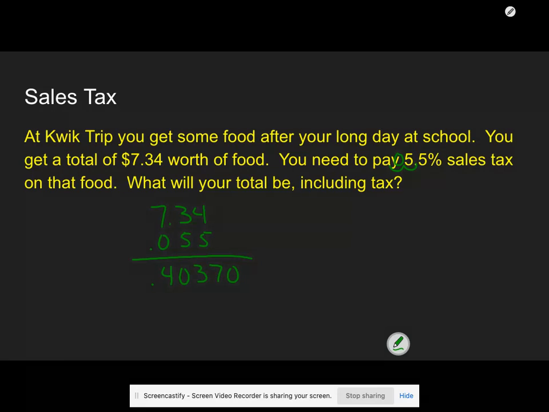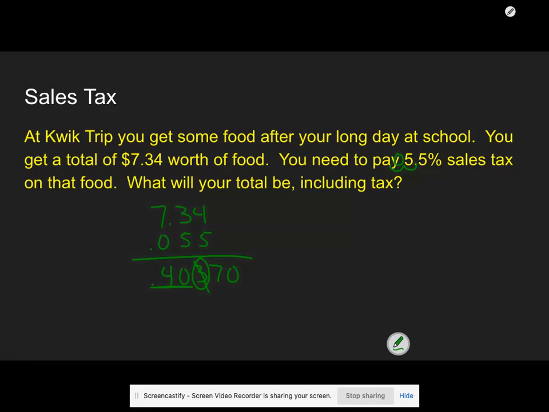But you have to remember this is money. So I'm really interested in the first two, okay? For my cents, I'm going to have to check and see if I need to round, but because it's 3, I don't need to. So I'm going to pay 40 cents sales tax on my $7.34.